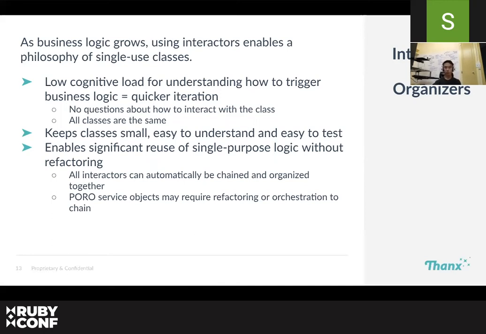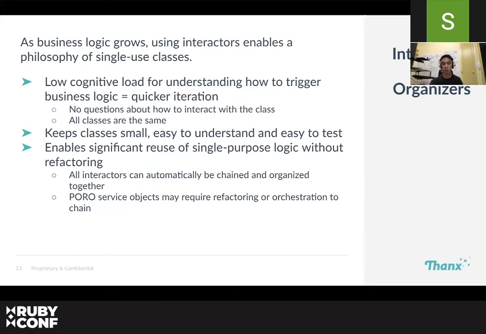Talking about the benefits, there's low cognitive load for understanding how to trigger business logic, which means that you can iterate quicker. There's no questions about how to interact with a class because the public interface is just interactor.call. All the classes are the same, and having those constraints actually allows for a lot quicker development life cycle.